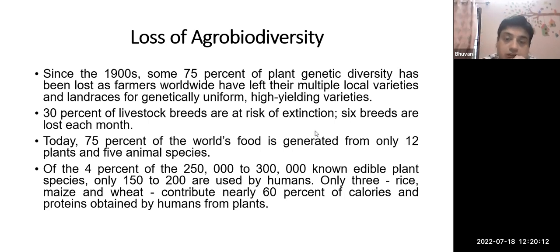Of the 250,000 to 3 lakh known edible species, only 150 to 200 are used by humans. And out of these, wheat, maize, and rice contribute 60% of the plant-based diet used by humans. So this is a critical, alarming scenario which can be observed in the agrobiodiversity sector.